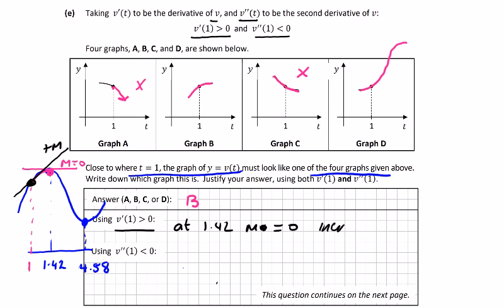So increasing function, or increasing, I might call it f of x or v of x, I'll call it function, increasing function between 1 and 1.42. And then what happens is the slope becomes decreasing on this side, between 1.42 and 4.58.